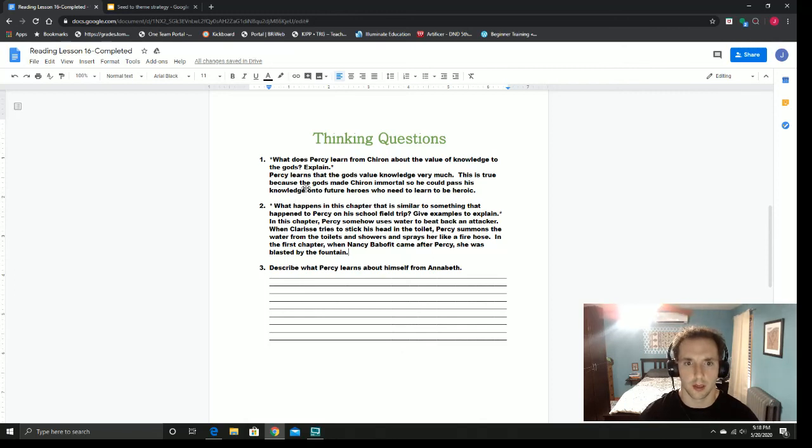Here we said the gods value knowledge very much, that knowledge is powerful. And here again we're seeing that Percy has this strange power to control water when he's in a desperate situation. And so notice that both of these things are giving us some idea of power.